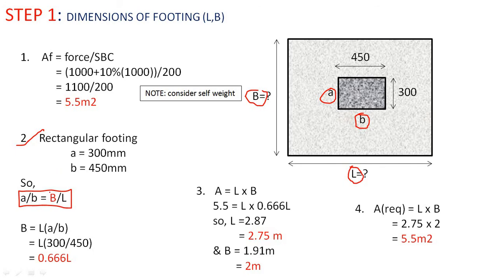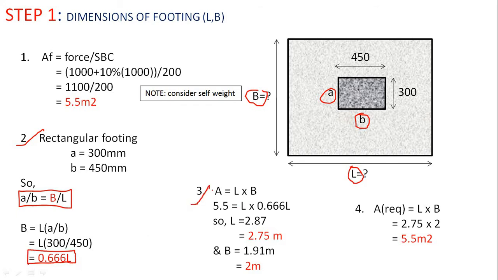We will make capital B the subject, so capital B is equal to capital L into bracket small a by small b. So we will have the value of capital B, which means the width of the footing, as 0.666 L. So we will have the value obtained as 0.666 capital L.